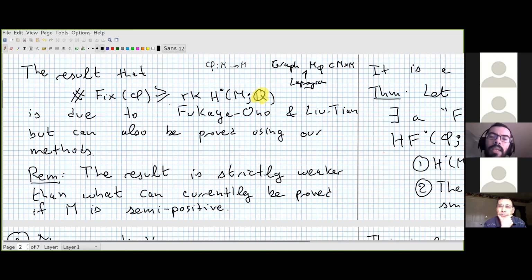So if you are happy with Lagrangian Floer theory or Fukaya categories, you say you're basically computing the Floer homology between the diagonal and this M_phi. But really, in some sense, what you are doing is computing the Lagrangian Floer homology of the diagonal with itself, because the diagonal and M_phi are Hamiltonian isotopic, and in Fukaya categories, that means they're equivalent.